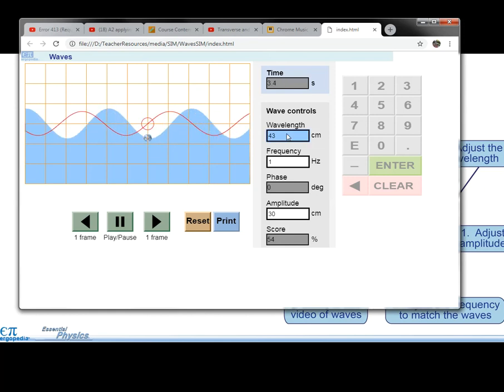So you can see that my red wave is slipping behind here, and if I go shorter, it looks like it's slipping faster. And if I go maybe a little bit longer, so 48, 49, let's try 52, getting closer. So you can play with this here.